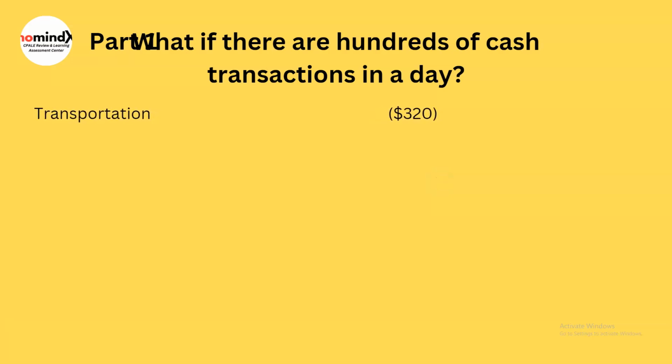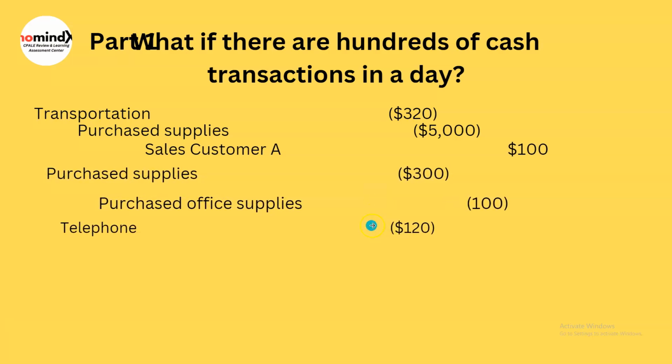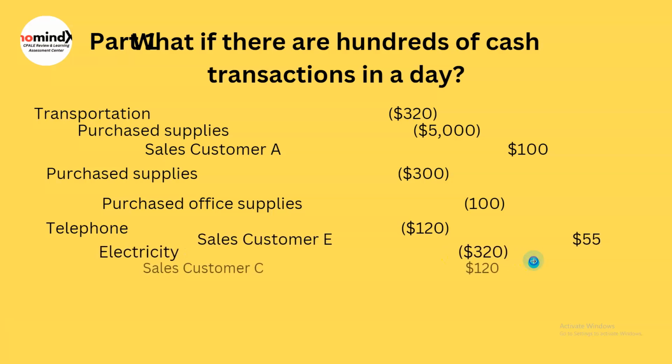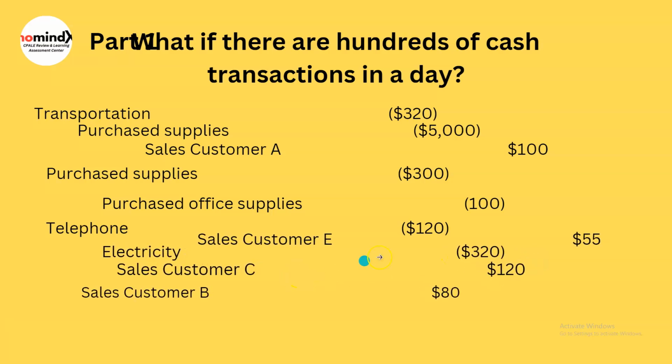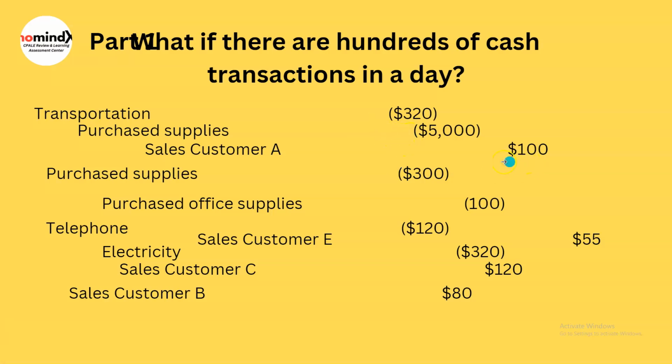These are examples of the transactions that need to be accounted: transportation, purchases, a lot of sales, a lot of purchases of office supplies, a lot of bills, electricity, telephone. If we only do the single entry system, then we cannot afford to account for them in a systematic manner that will give you information that is useful for decision making.